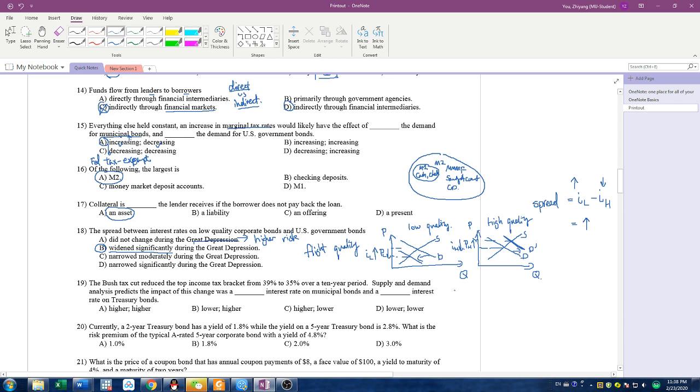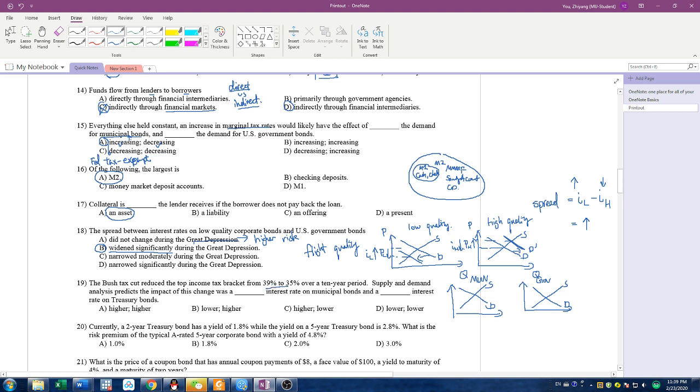Okay, so it goes back to our supply and demand analysis. If we have municipal bond over here and we have government bond over here, as you notice, municipal bond is federal tax free.